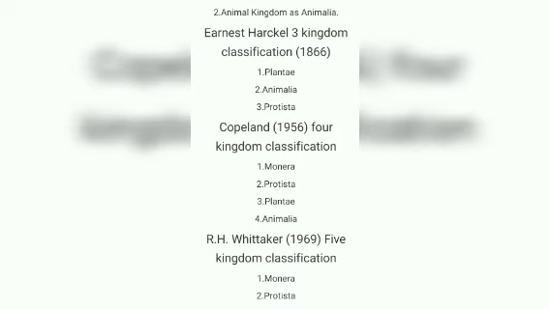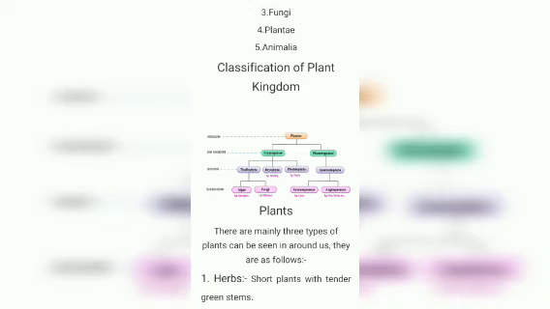He divided the kingdom of life into five categories, that are Monera, Protista, Fungi, Plantae, Animalia.